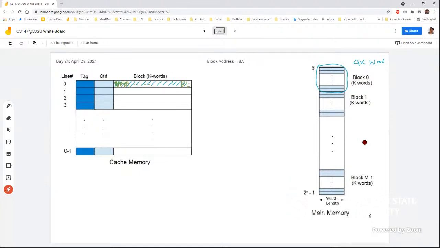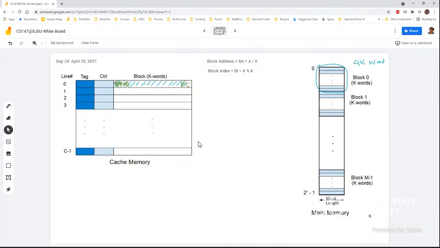We call it the block address, and it is determined, given an address A, using A div K. Now there is another term called block index, let's call it BI, which is A mod K.